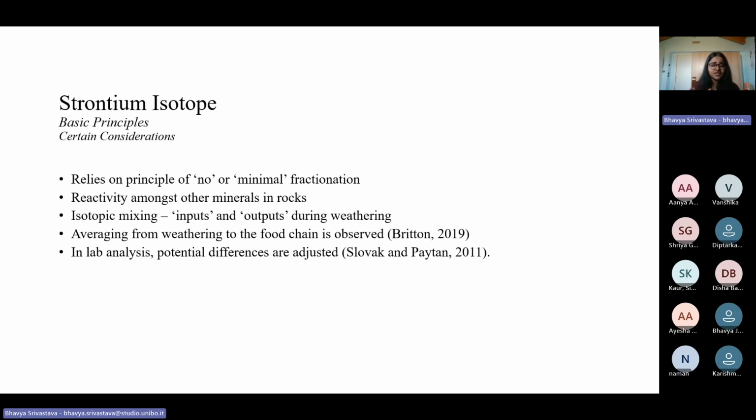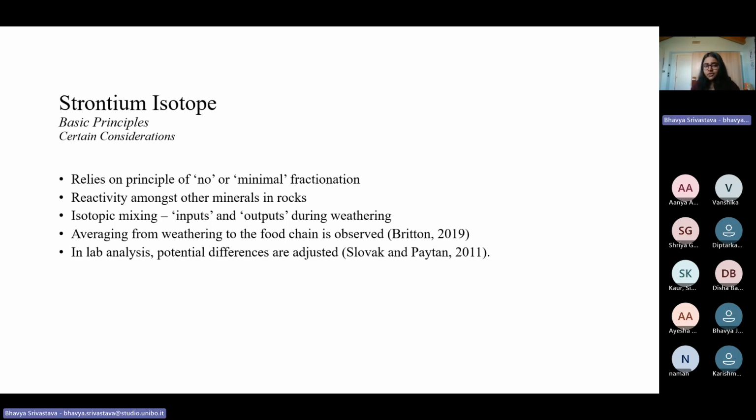This is again a consideration that has to be kept in mind. Another thing is that in a given rock, strontium is not the only element present. There are a number of other elements in those rocks, and they react amongst themselves as well. Consider how metamorphic rocks are formed: because of chemical processes that take place within a rock. If that is happening, the elements would be fusing with one another, and it might also hamper the strontium profile.